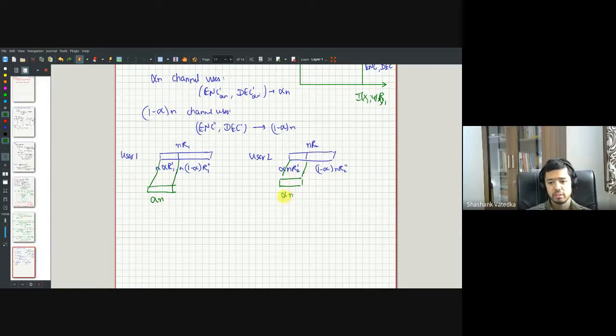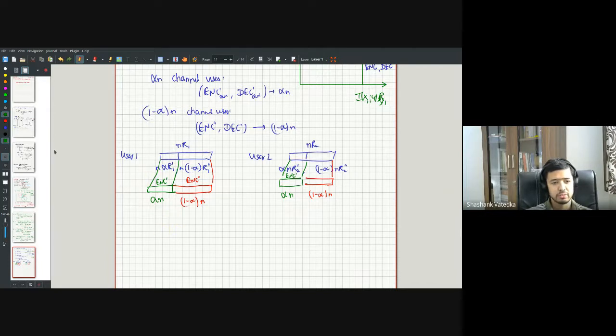So you get a code word of length alpha n, and the rest of the message bits are encoded using the second scheme, to give the second part of the code word, which is of length 1 minus alpha n. Right, and these are transmitted across the channel.